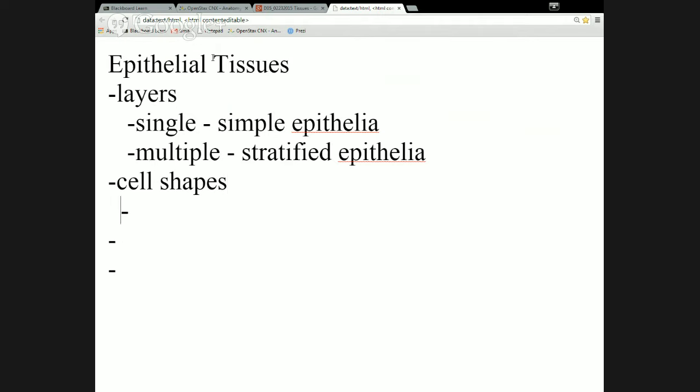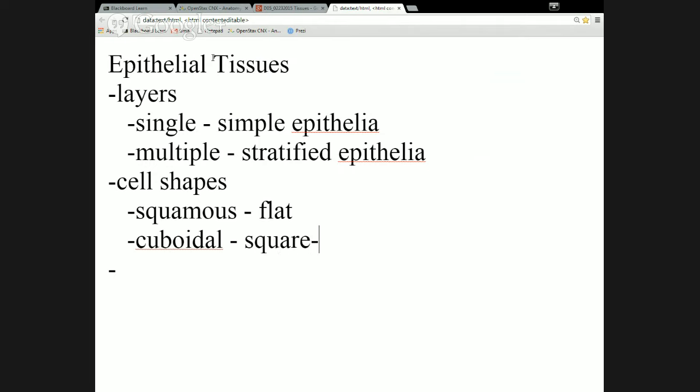Now, cell shape, there's basically three different shapes we have. There's squamous, which means flat cells. There's cuboidal, which is describing something that's cube-shaped. And if we looked at a cube-shaped cell in 2 dimensions, then it's going to be kind of squarish.